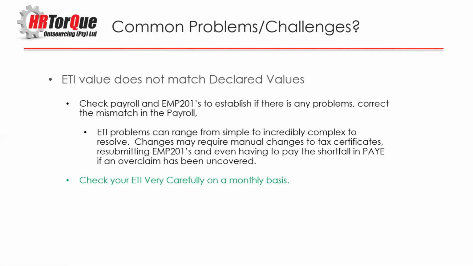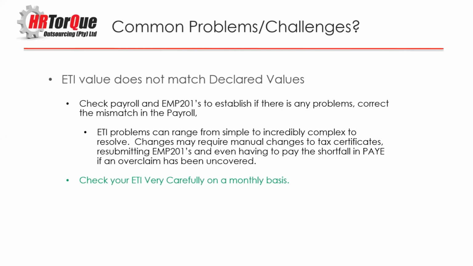Okay, so if you have a situation where your ETR values don't match, there are some reports you can use to check, and you can go back and verify. But it's important to try and check your ETR values on a monthly basis, because they can get very difficult to adjust, or very difficult from a SARS perspective to get resolved.